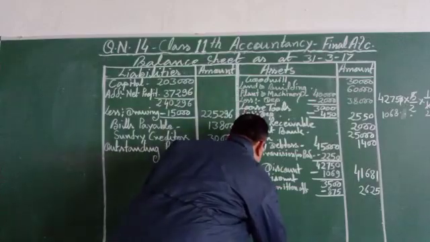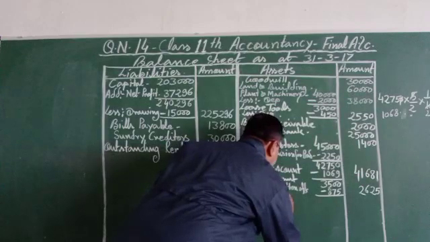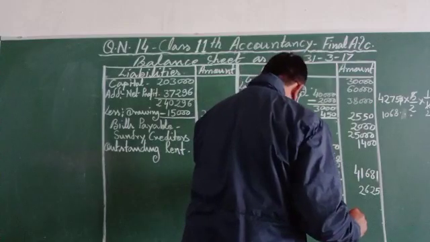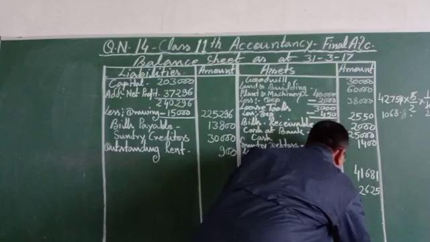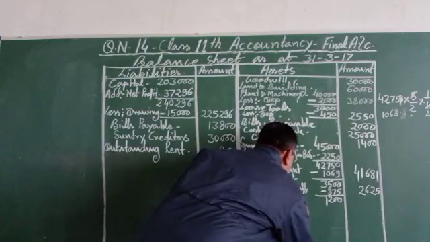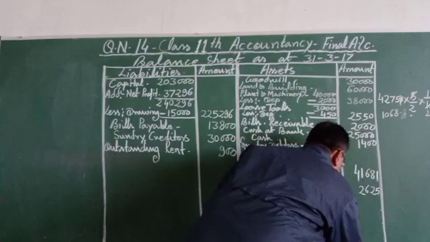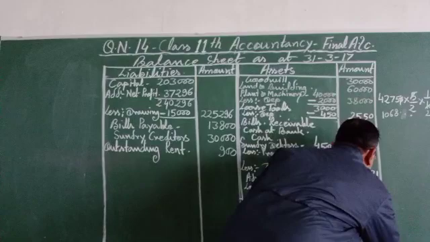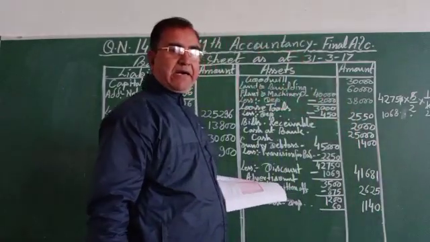Also for furniture the depreciation is given. The amount of furniture is 1,200, less depreciation of 5%, 60. The amount will be 1,140.